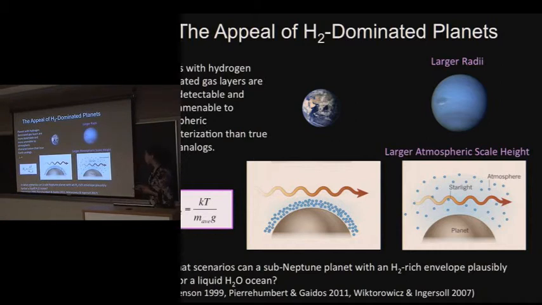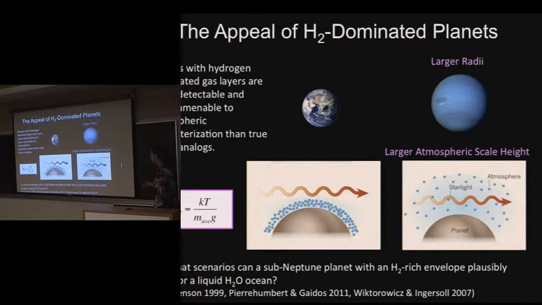In transmission spectroscopy, you're looking at how the radius of the planet observed in transit varies with the color of the light you're observing, and the scale of that variation is set by the atmospheric scale height. Planets with hydrogen-dominated atmospheres with low mean molecular weights have larger scale heights, which leads to more detectable spectral features in their transmission spectrum.